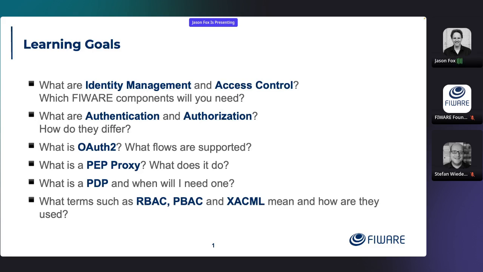Now, there's a lot of three-letter acronyms, four-letter acronyms, and even five-letter acronyms which come up in security. So we will also explain the difference between a PEP and a PDP and a PAP and various other terms such as RBAC, PBAC, and XACML. Now, that's obviously an alphabet soup.